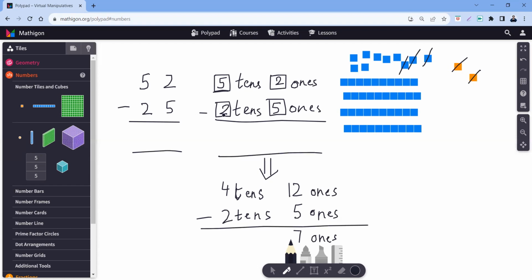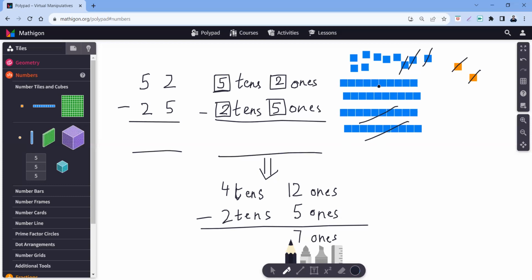Now, do we subtract 5 minus 2? No, because it is no more 5 tens. It's only 4 tens. That is why I have written 4 tens here. In these 4 tens, how much do we have to remove? 2 tens we have to remove. 1 ten, 2 tens. Gone.